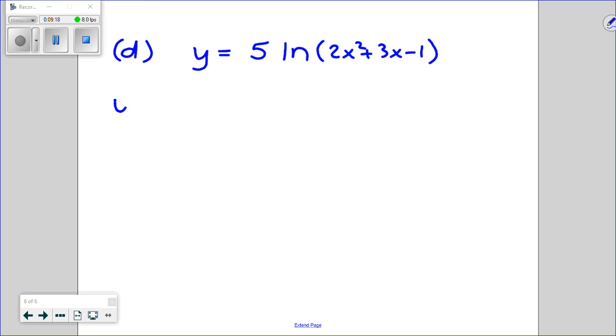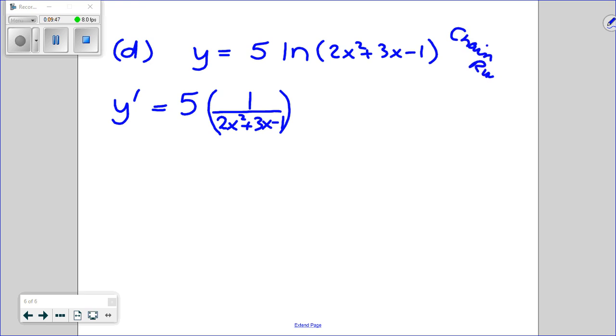Okay, so to find this derivative, the function is a constant multiple, so we're going to move that down, and we're going to multiply it times the derivative of natural log of 2x squared plus 3x minus 1, which remember is going to start as 1 over what's in parentheses, so 1 over 2x squared plus 3x minus 1. So we're actually using chain rule here, okay? Because our outside function is natural log of x, and our inside function is 2x squared plus 3x minus 1.